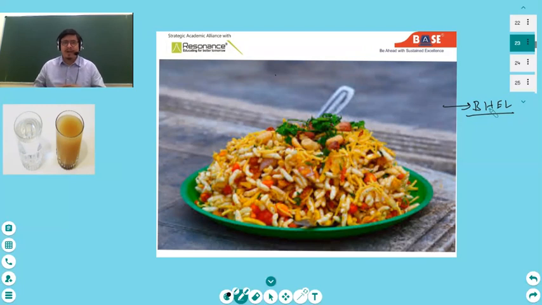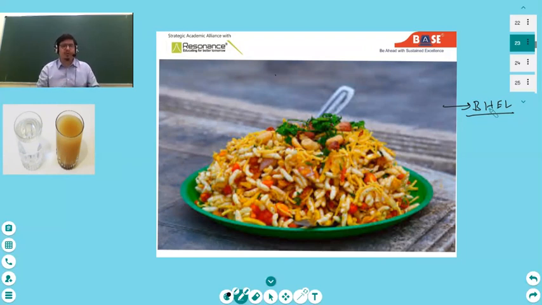Third, suppose I don't like onion and they have accidentally given it. What will I do? I will use my finger, throw the onion out and eat the rest. So whatever constituent or part you don't want, you can remove by a mechanical process.